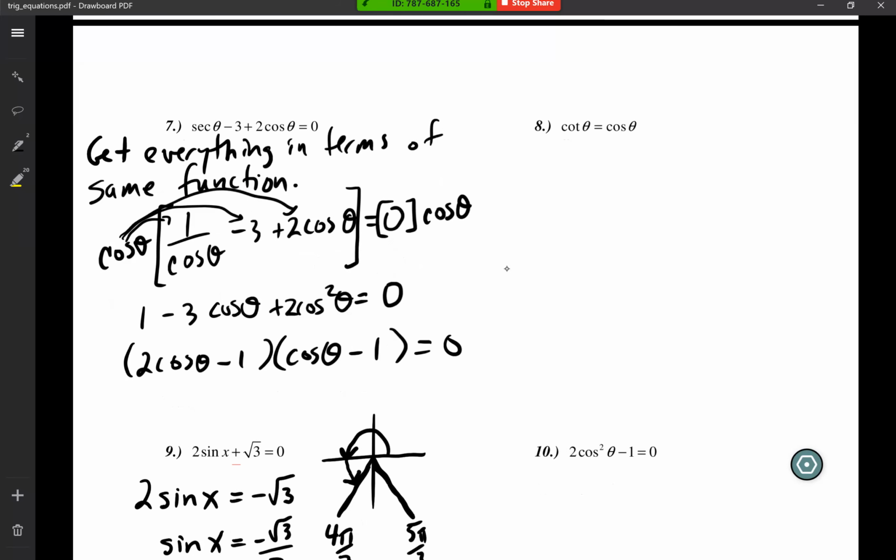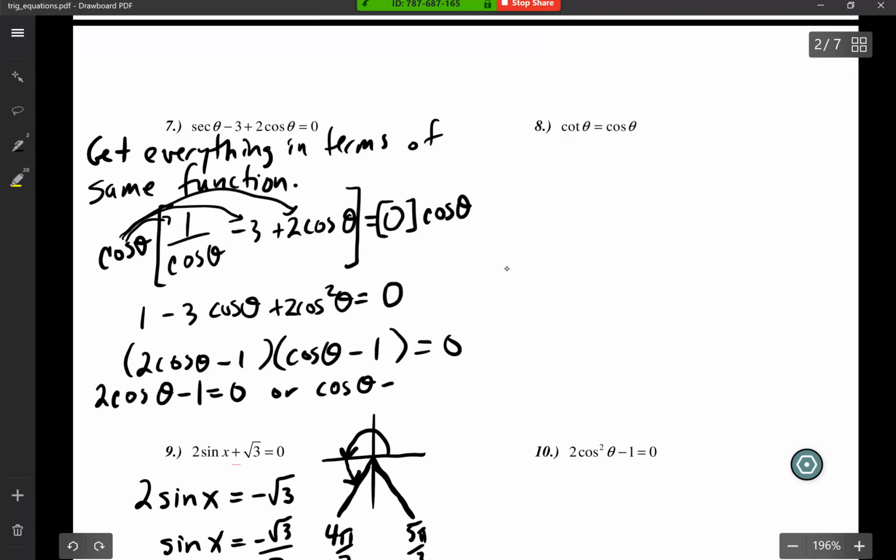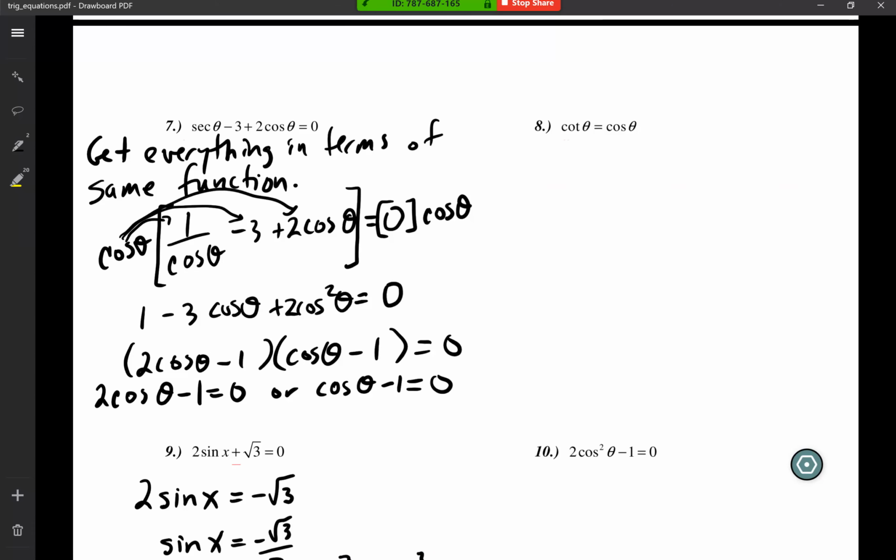And then do the same thing we've just done in the previous problems. Set each factor equal to 0. So we get 2 cosine theta minus 1 is 0, or cosine theta minus 1 is 0.